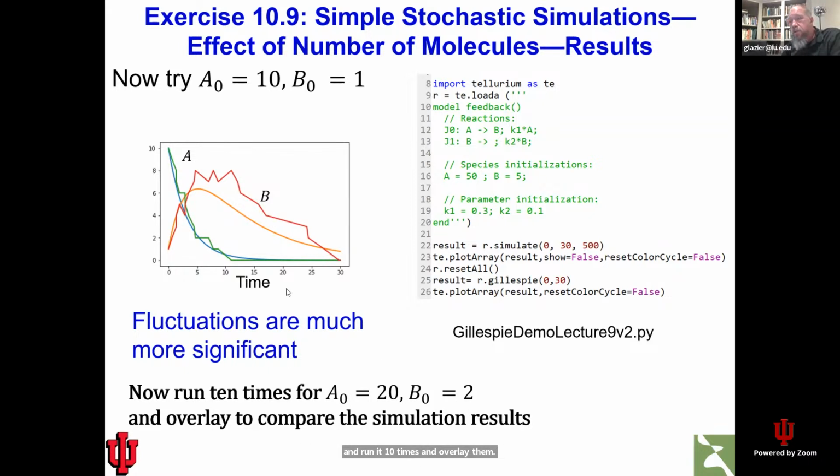So what we want to do is we run 10 replicas, starting with A naught equals 20, B naught equals 2. Overlay them on top of each other.